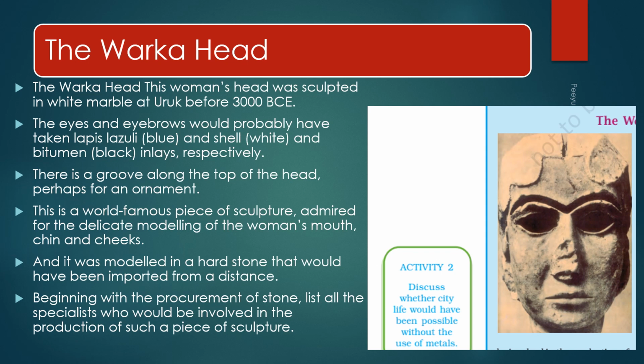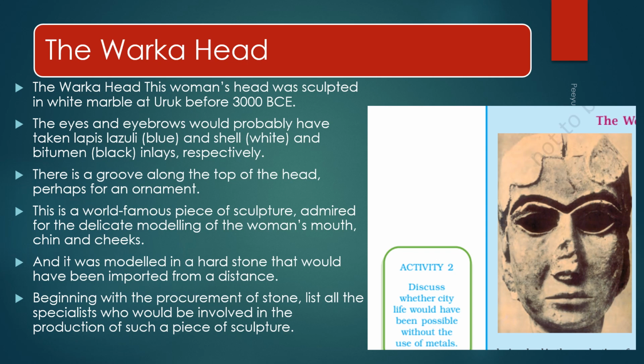The eyes and eyebrows would probably have been inlaid with lapis lazuli, a blue stone, shell, white, and bitumen, black, respectively. So we can see here the combination of different stones that had been used.